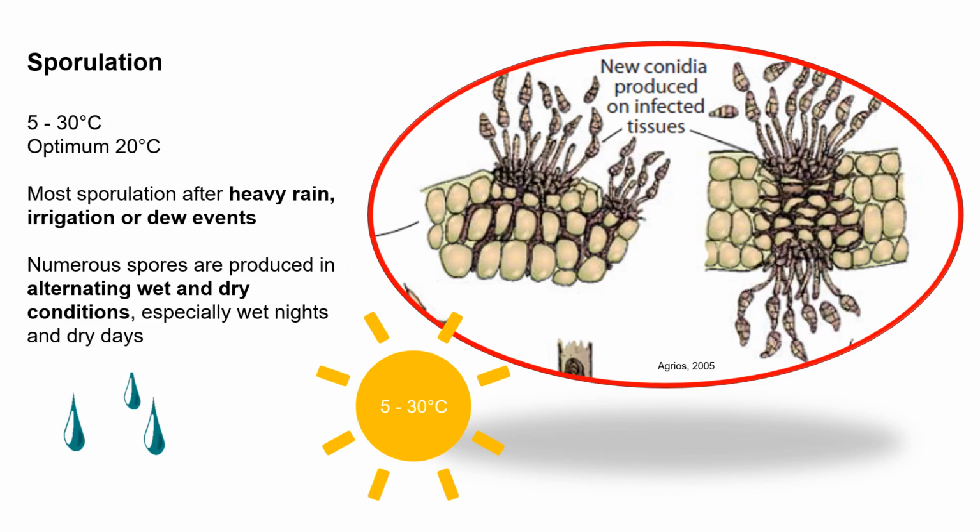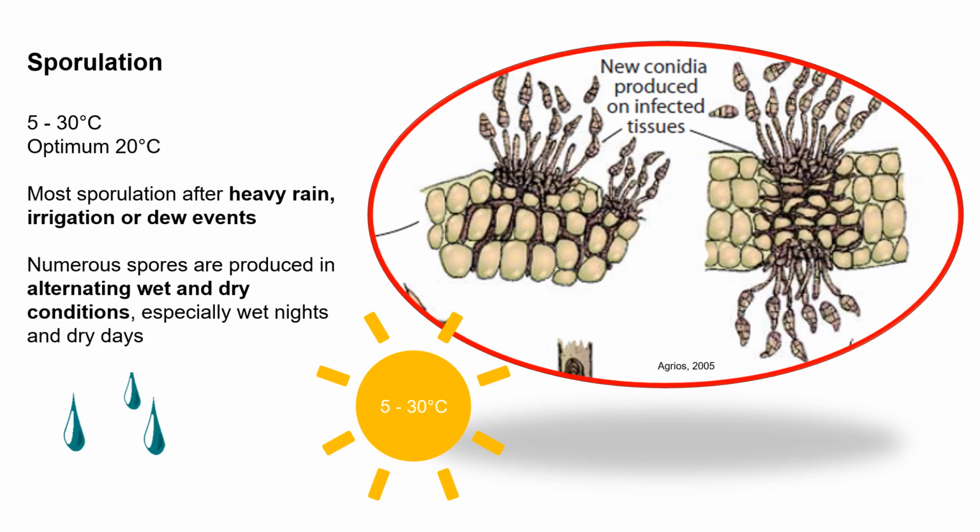Sporulation of both of these species occurs from 5 to 30 degrees Celsius with an optimum at about 20. Most of the sporulation is noted after heavy rain, after irrigation, or a dew event. So in other words, water triggers sporulation. And this is why numerous spores are produced in alternating wet and dry conditions.